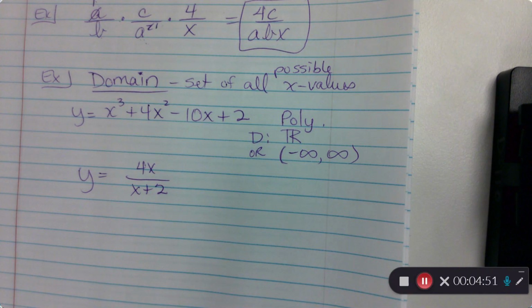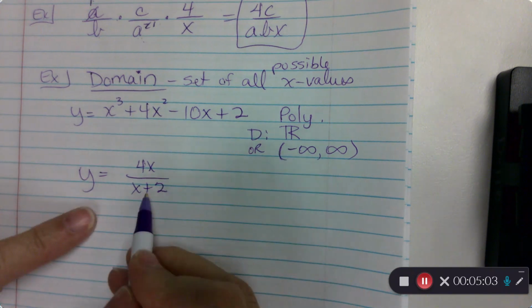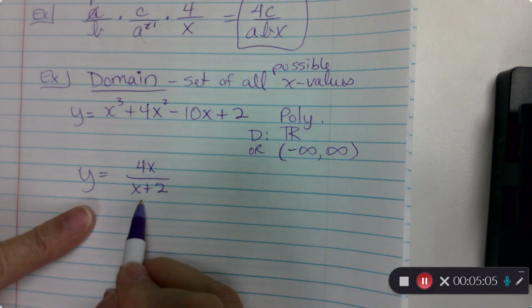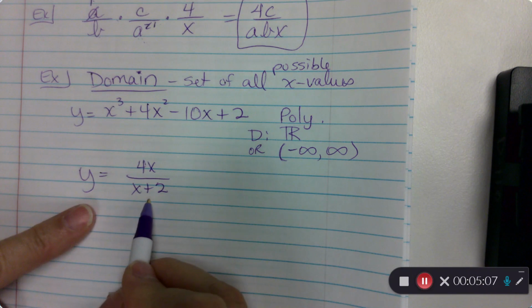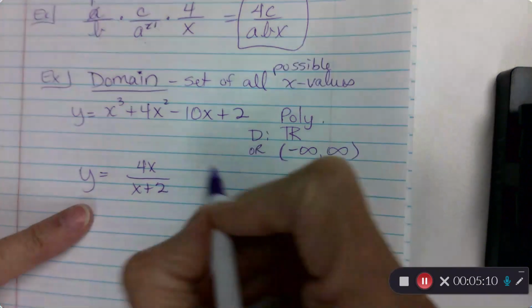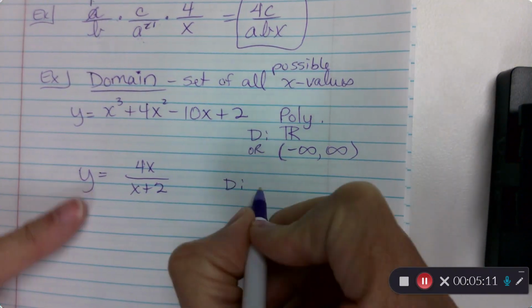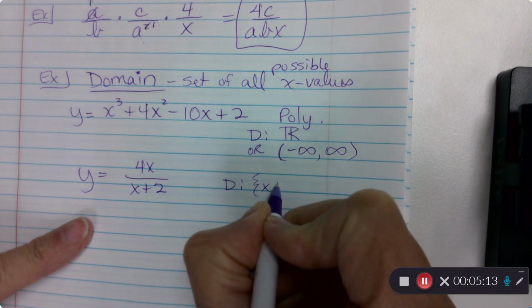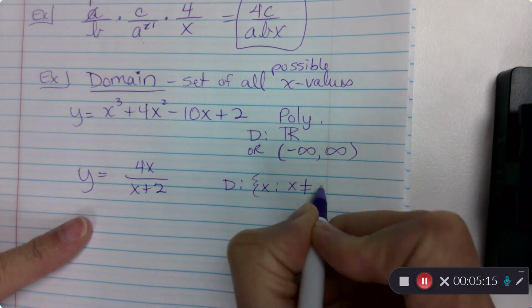What makes a fraction undefined? The denominator is 0. The denominator is 0 when x equals -2, right? So this domain would be x such that x does not equal -2.